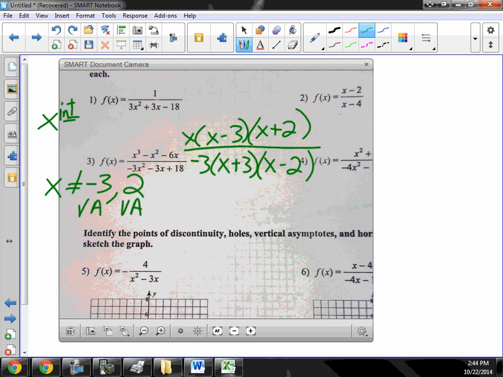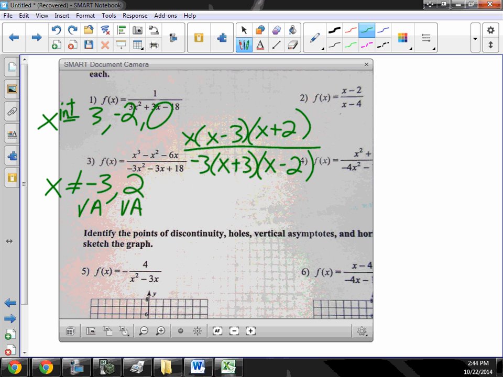At 3 and -2 and 0. Those are the roots of the numerator. So if x is 0, then this becomes 0. If x is 3, then it becomes 0. If x is -2, then it becomes 0.